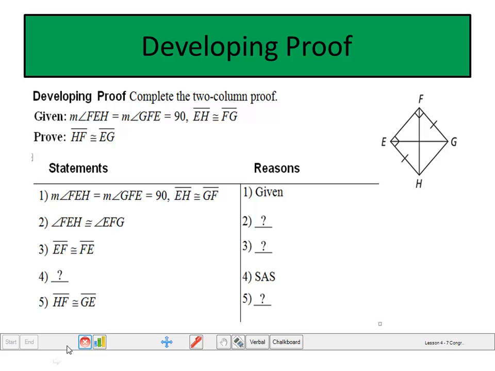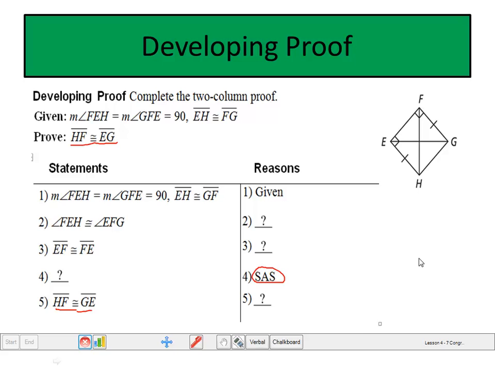As with all proofs, we always start off with the given. And notice the last line of the proof is what we were asked to prove. Now notice here at reason 4, what does SAS stand for? If you're using side angle side, then you must be saying what is congruent to what.